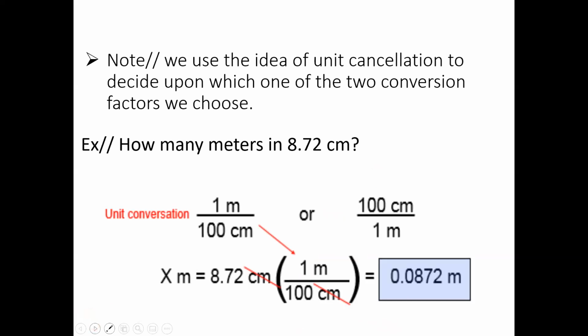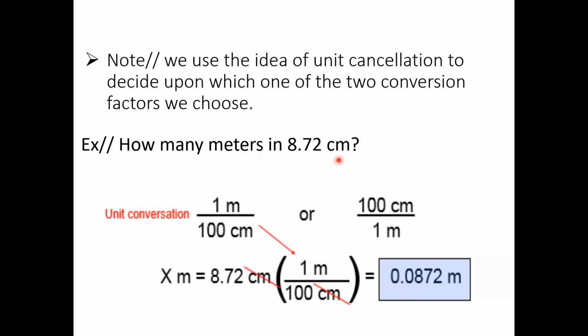We use the idea of unit cancellation to decide which one of the two conversion factors to choose. So we cancel the centi with the centi, and the meter is the final unit we use. So how many meters are in 8.72 centimeters?